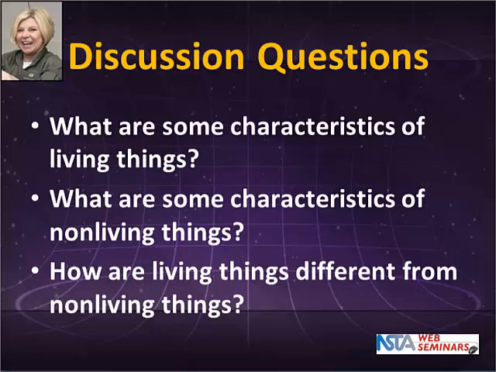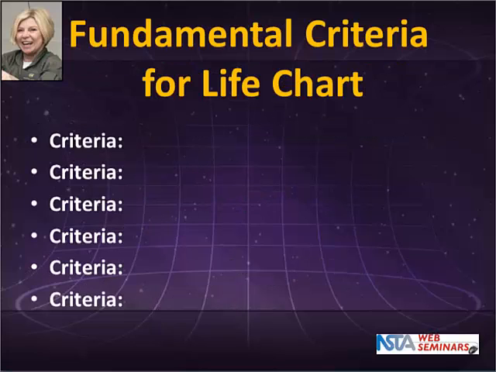Okay. And so the next thing that I would basically do is we would come up with a chart, something that looks like this, fundamental criteria for life chart. Now, I again have done this according to, I think, 6th, 7th, and 8th grade, and this is some of the criteria that we came up with for them and some of the wording.